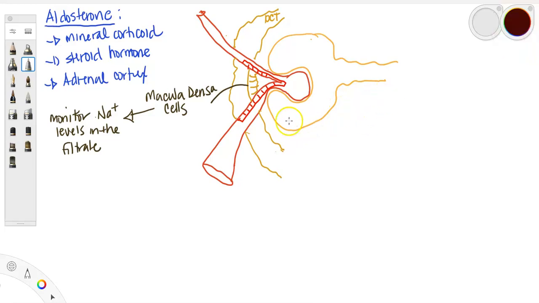And these cells were called juxtaglomerular cells. Okay, and this whole thing is called the juxtaglomerular apparatus.